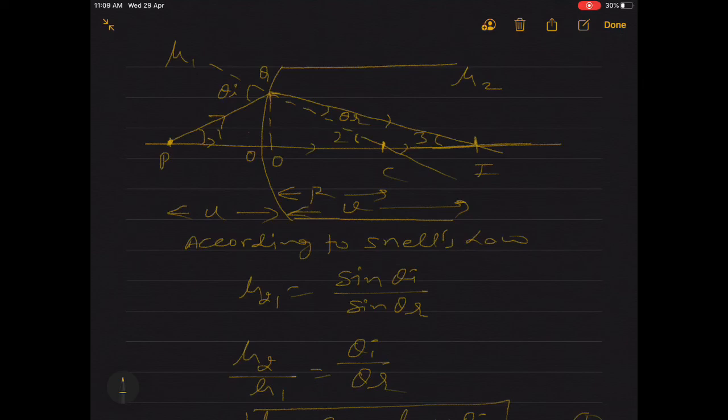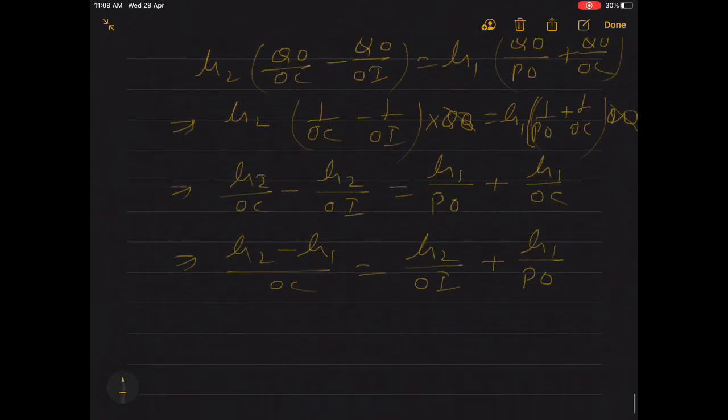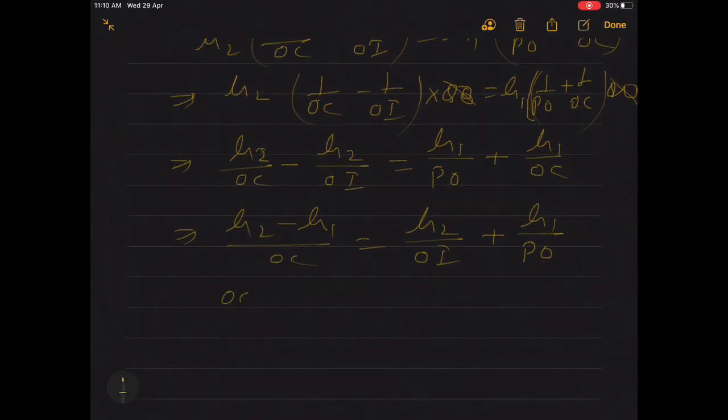This is object distance. If we use sign conventions also, then OC is equal to plus R, OI is equal to plus v, and PO is equal to minus u.